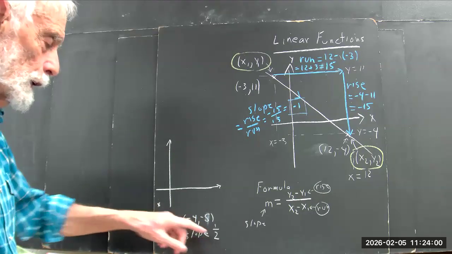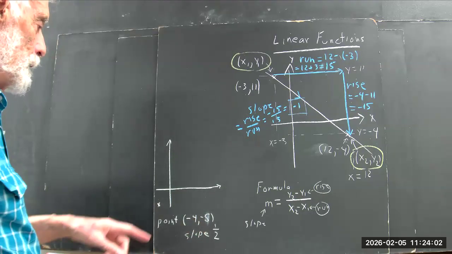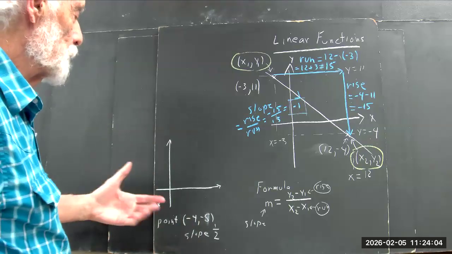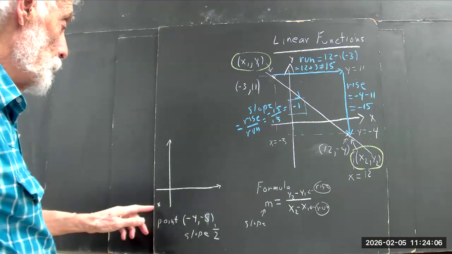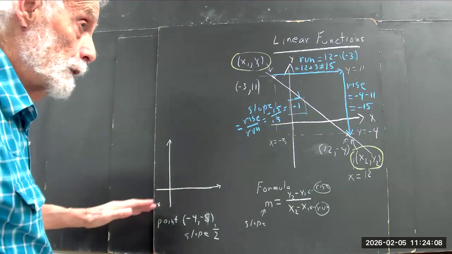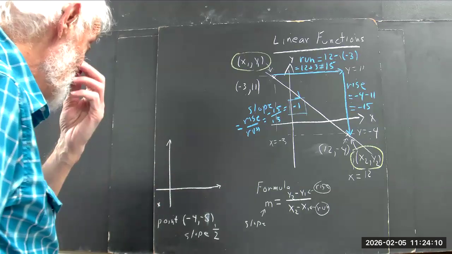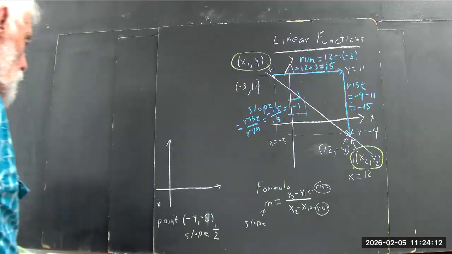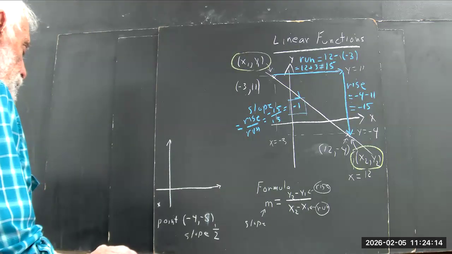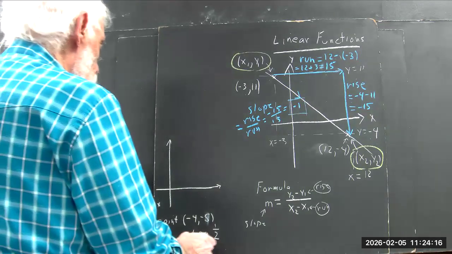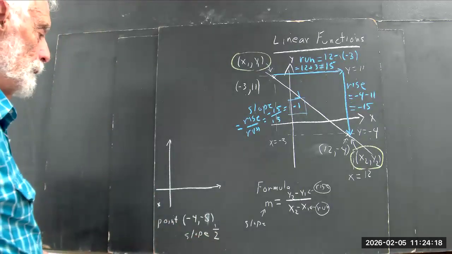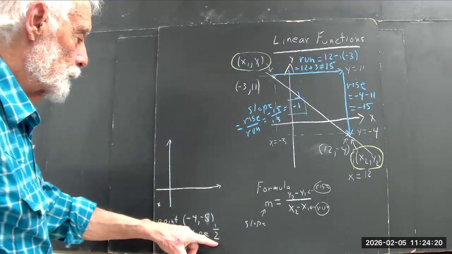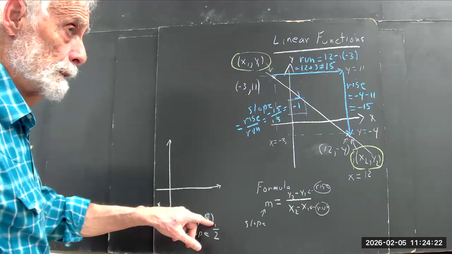Now, slope of 1/2 and the given point, there's only one line through this point that has a slope of 1/2, which might be about like this. What does the slope of 1/2 mean? It means the run is twice as big as the rise.